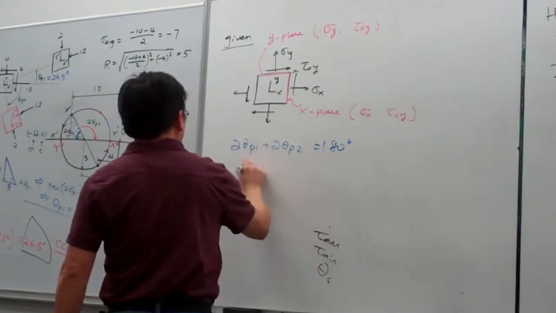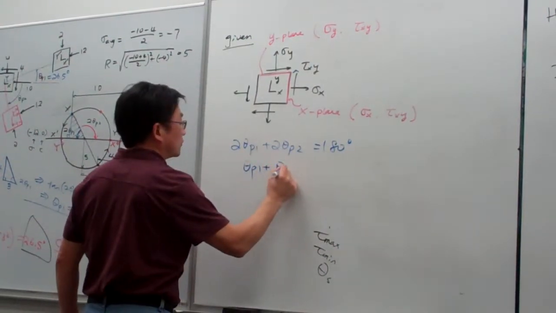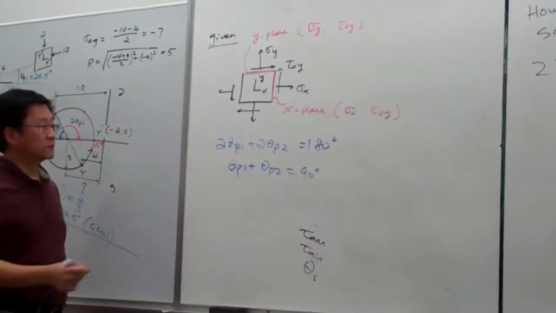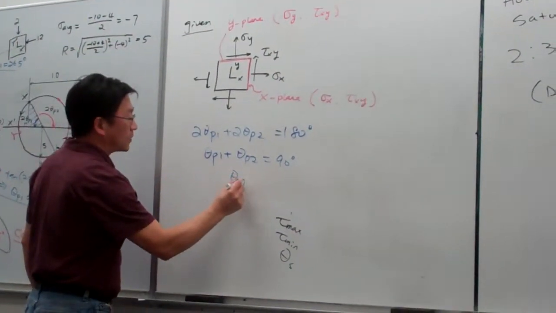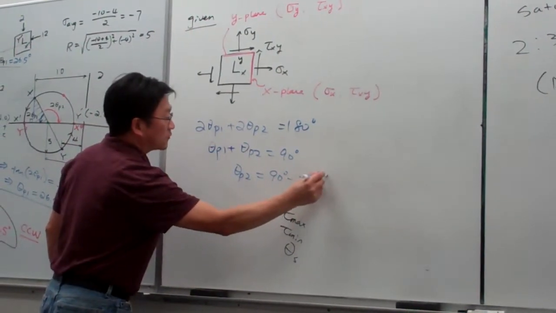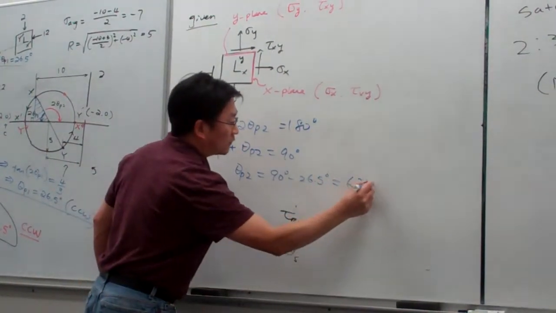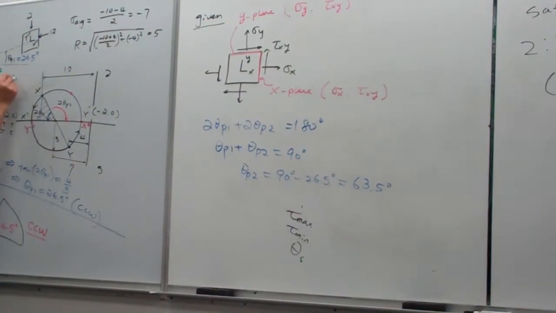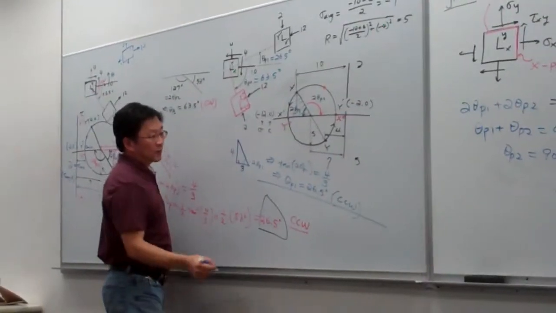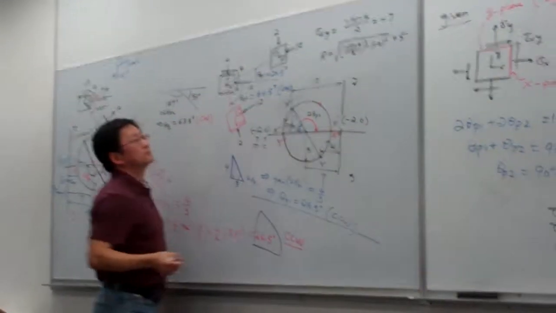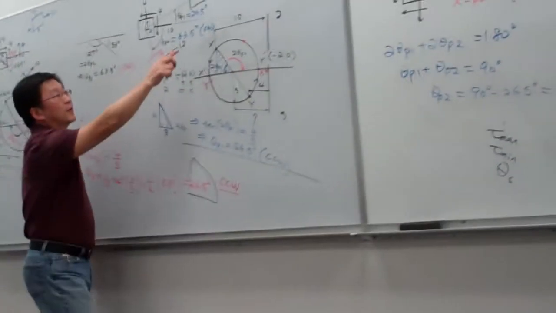Therefore, theta P1 plus theta P2 equal to 90 degrees, always in magnitude. So theta P2 in magnitude equals 90 minus 26.5 degrees, equal to 63.5 degrees. So this angle is 63.5 degrees, and this one is clockwise.